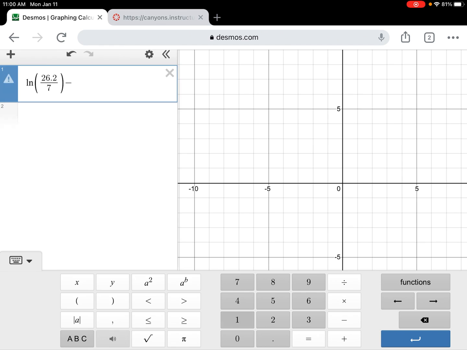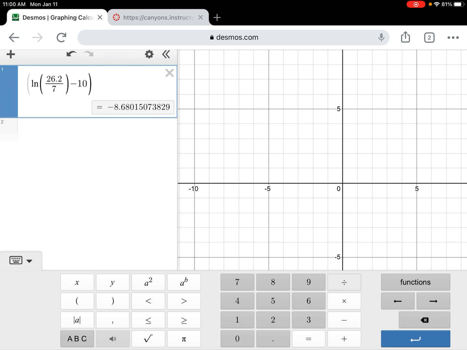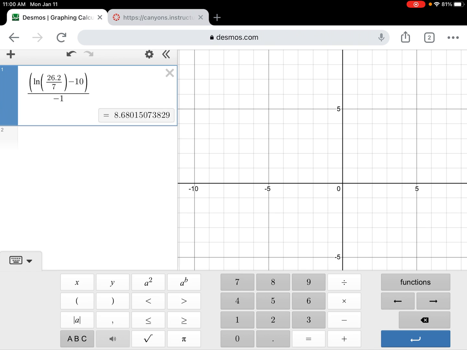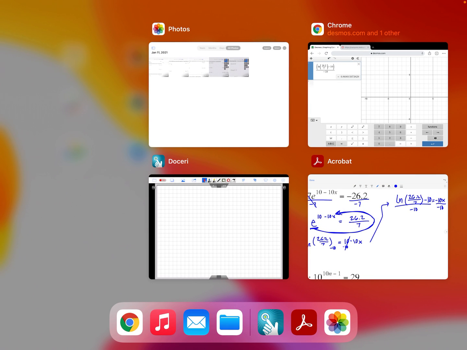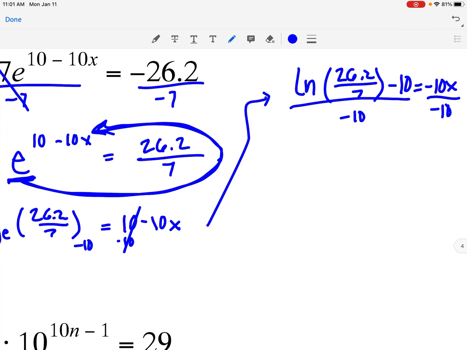And then I need my minus 10 on the outside, and then this whole thing is going to be in parentheses, and we're going to be dividing by negative 10. Let me double check just to make sure. So natural log of 26.2 divided by 7 minus 10, and that whole thing is over negative 10.